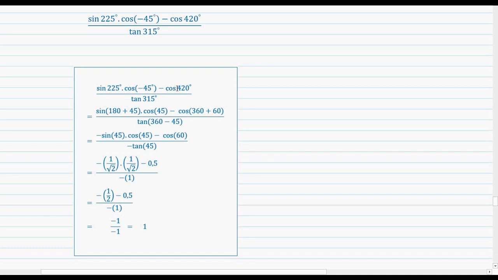Then for this cos 420, where you now have a number bigger than 360, in those cases, the first thing you do is represent it as 360 plus some number. In this case, that would be 60. And the reason for this is related to the whole aspect of periodicity, because since we know the graph of this function would essentially keep repeating over and over, we know that any value greater than 360 is just a repetition of whatever value the function had for a theta value of 360 degrees less.